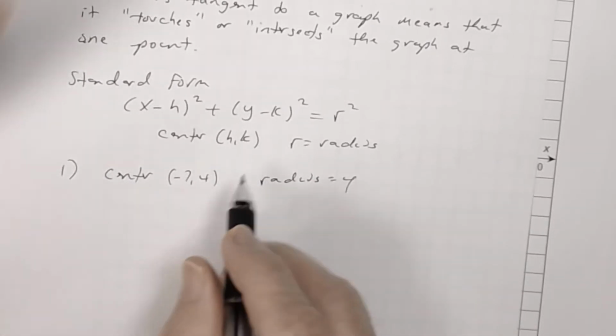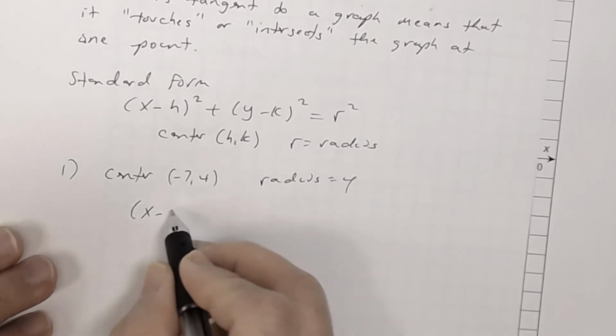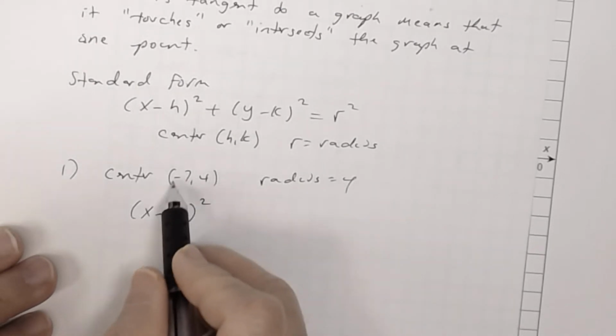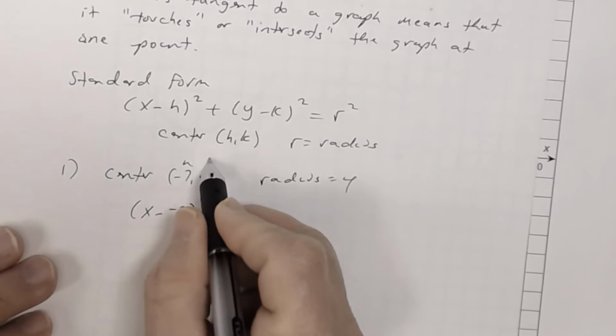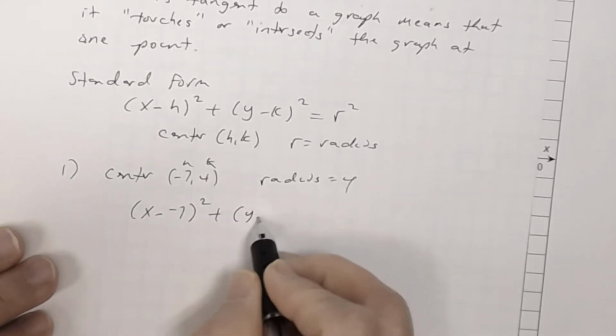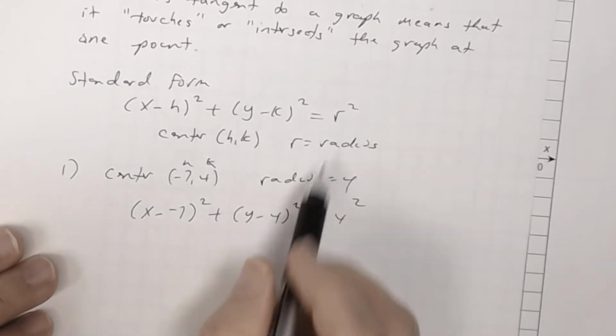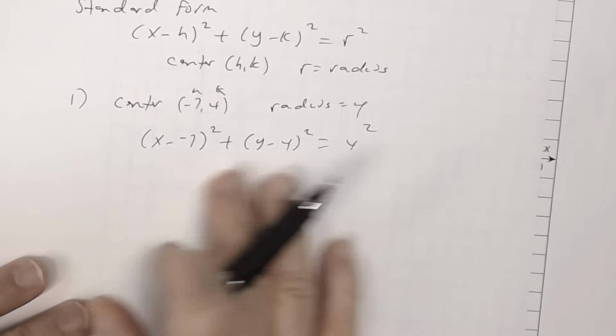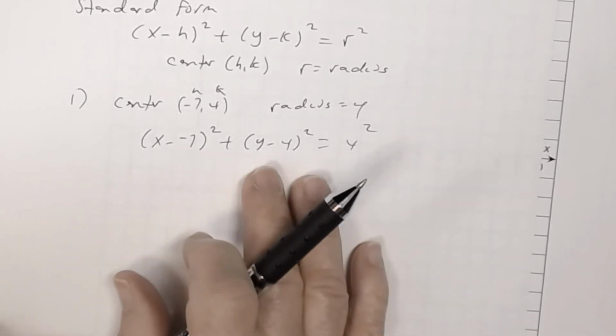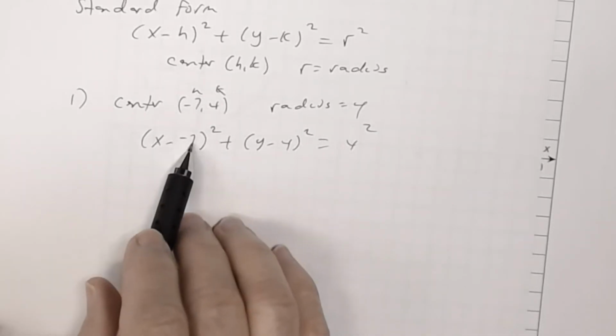And you just plug in. So we get x minus negative 7 squared. Remember, x minus h, so this is your h, this is your k, plus y minus 4 squared equals the radius squared, right? Now I do expect you to rewrite this in a better way. Don't leave it as x minus a negative 7.